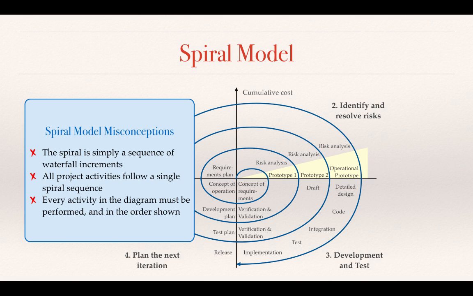And finally, as we've already said, it's a mistake to think that you have to follow the sequence of activities in the diagram. In the end, it's important to know that the spiral model is evolutionary or iterative, and that identifying and managing risk is a big part of the model.